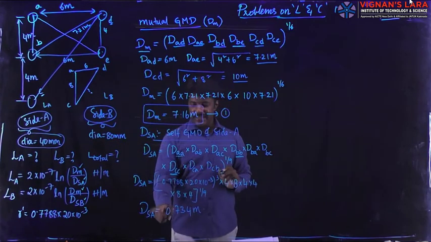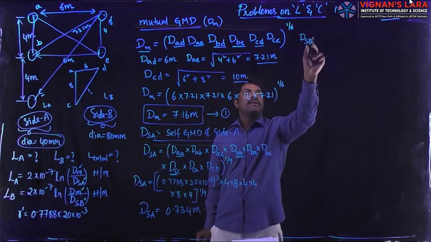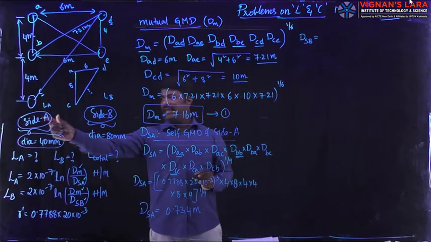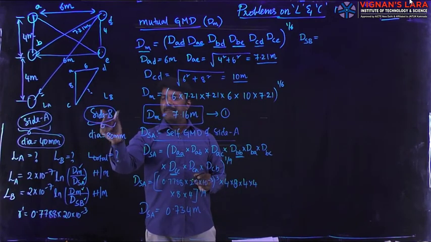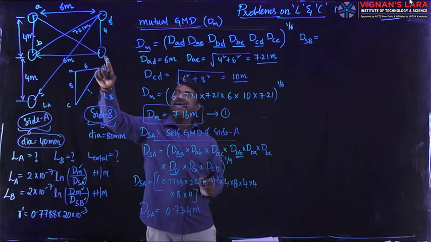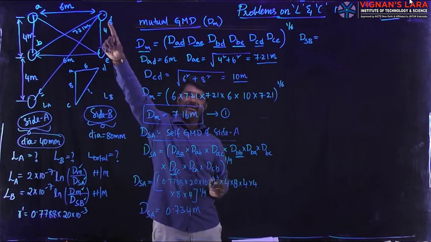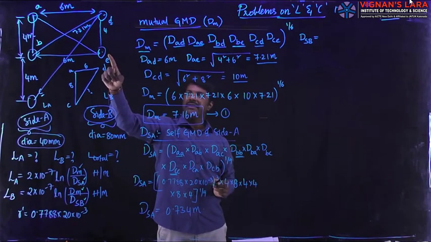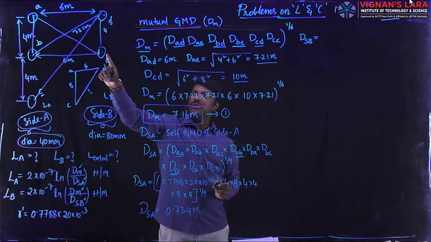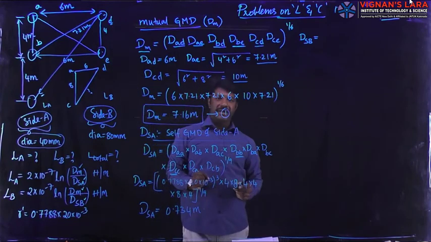Then what is here DSB? If you check that DSB, whatever we have done for side A, the same I will be obtaining for side B also, with 2 possible conductors having 4 distances as its own distance: DD, DE, second one, and third one, its own, EE, and next ED. Altogether, we will get 4 terms.